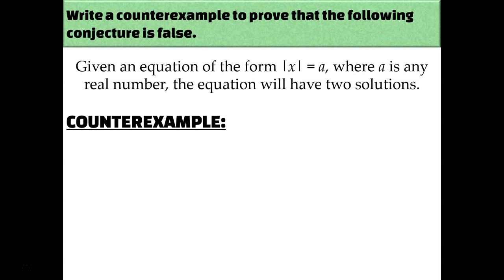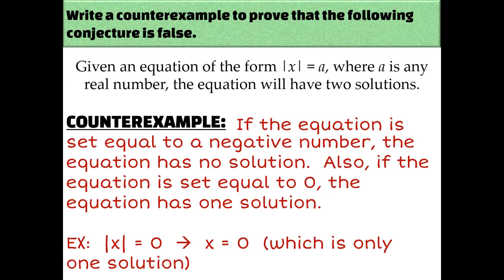If I want an answer of 4, I could either plug in positive 4 or negative 4 to get that answer. So could you think of something that if you plug in a number for a, you can only get one value of x that works? Well, there's a couple different options. One is negative numbers, because the absolute value of a number can never be negative. If you make a a negative number, then the answer to the equation is that there is no answer.